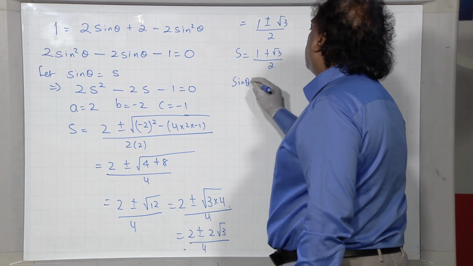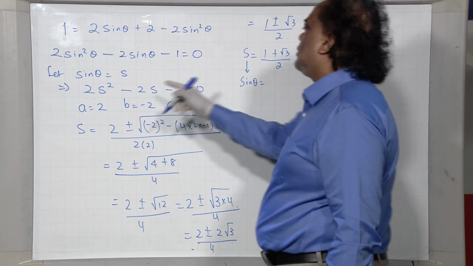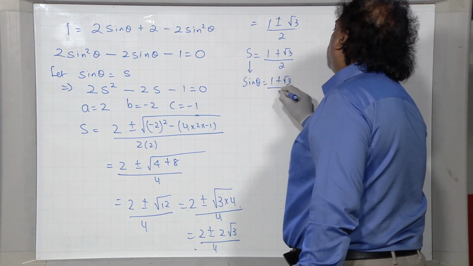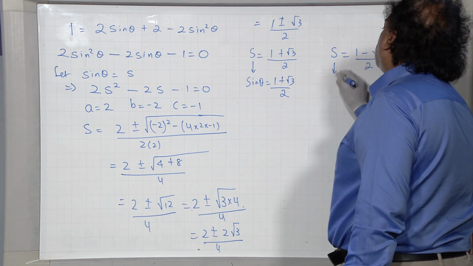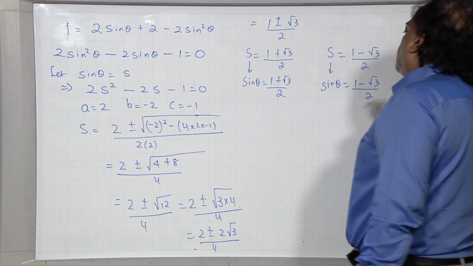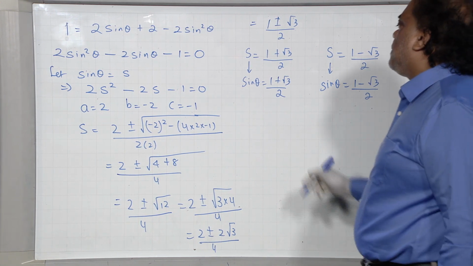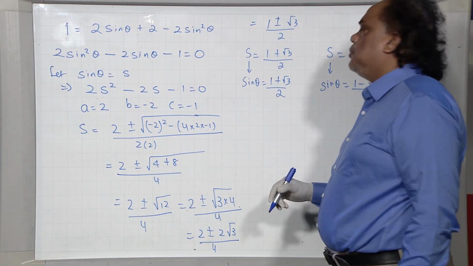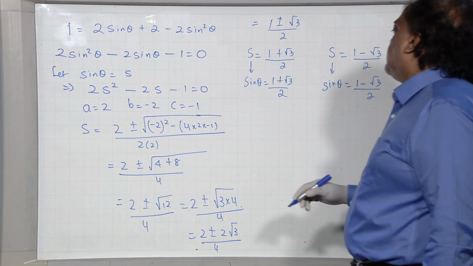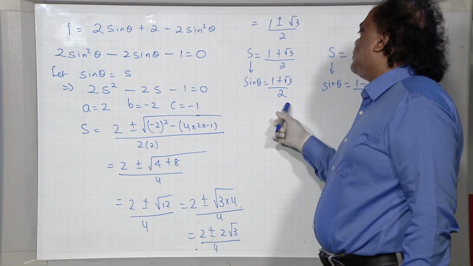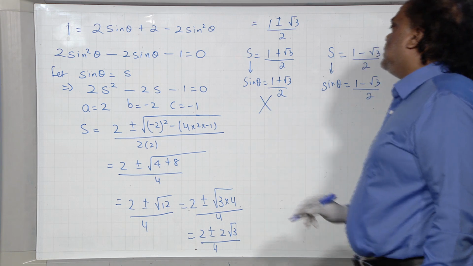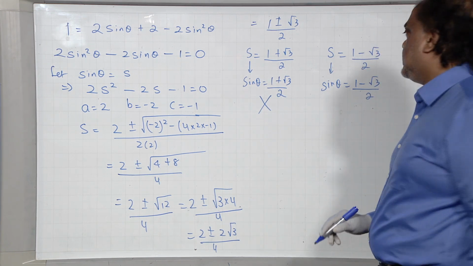So I replace s back by sine theta equal to 1 plus root 3 divided by 2. As you know, sine would take a value between minus 1 and 1. So in that case, this value would be greater than 1. So we say that theta doesn't exist here.